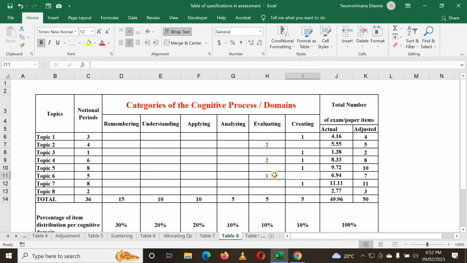If you have jumped this and this one will not be jumped, maybe make sure that you put something now to this level for evaluating. I put here 2 questions because here I have one, and let me put 2 about evaluating, because I have no questions about creating here.